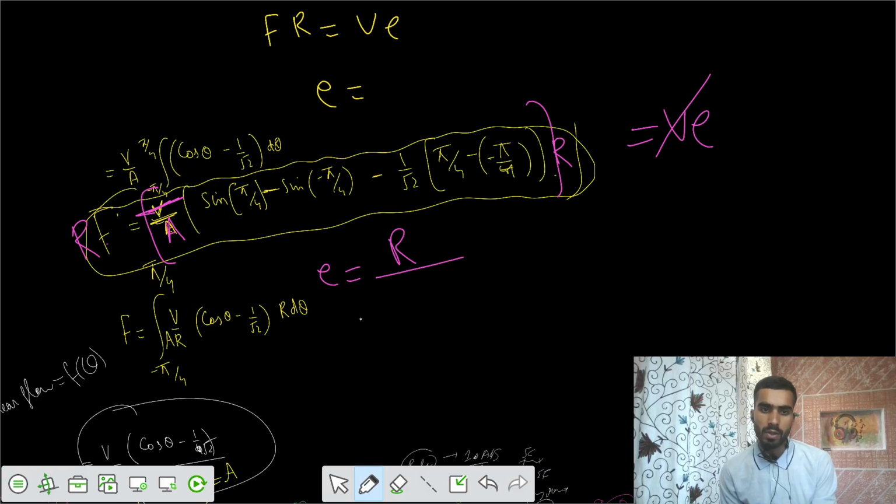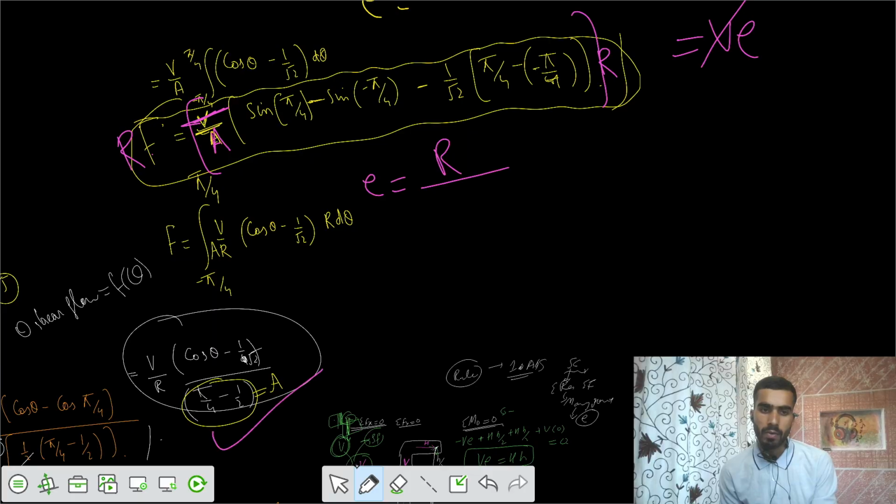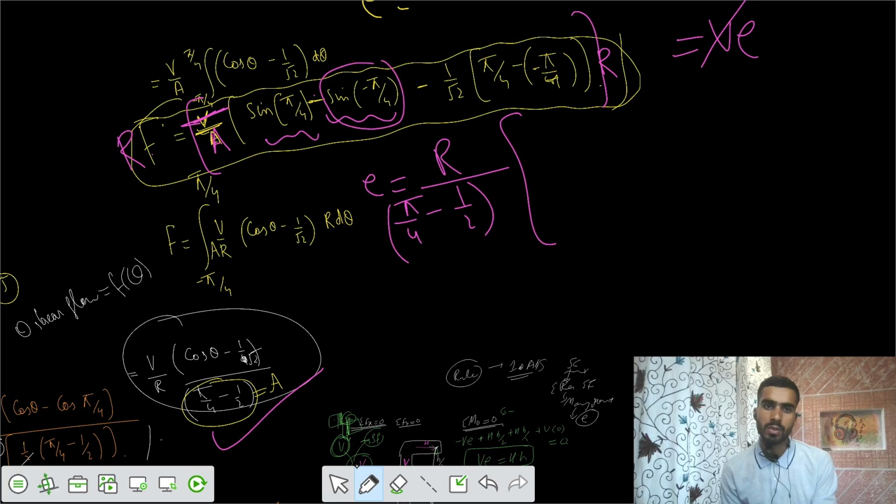The value of A was pi by 4 minus 1 by 2. So we got the value of A, and the value of sine pi by 4 comes 2 times, because sine of minus theta is minus sine theta, so it becomes positive. So finally 2 times sine pi by 4, that is 2 times 1 by root 2, minus 1 by root 2, and then 2 times pi by 4, and that's positive.